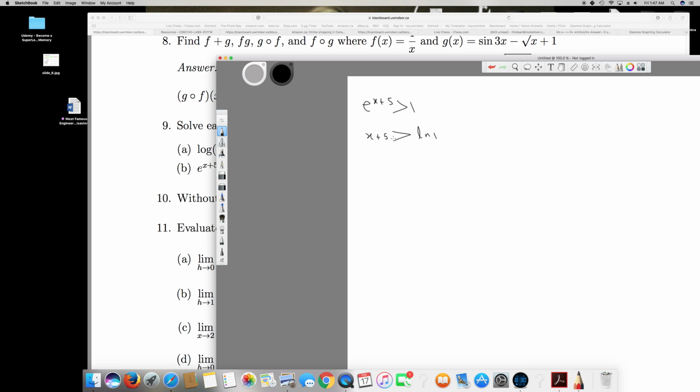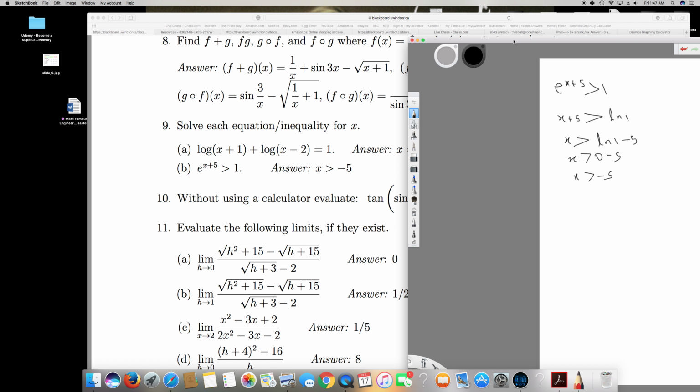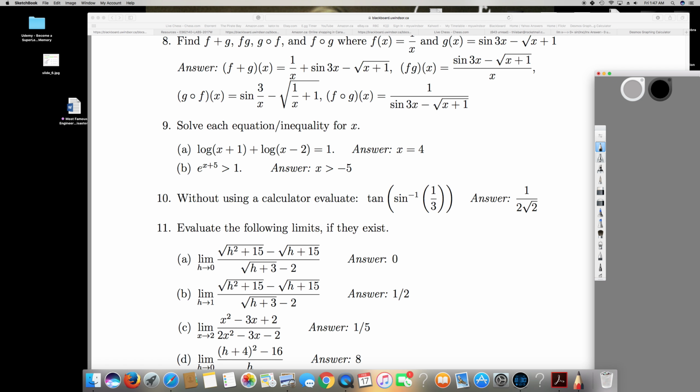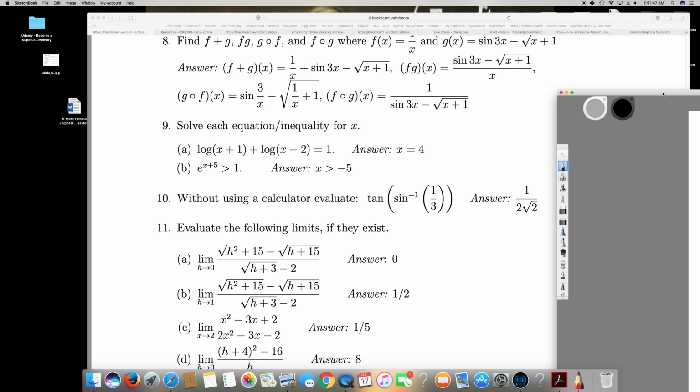Let's treat this as an equal sign for now. So it's going to be x equals ln 1 minus 5, and ln 1 is equal to 0. Therefore 0 minus 5, so x is greater than minus 5. That's the answer they have given, and that's how they found it.